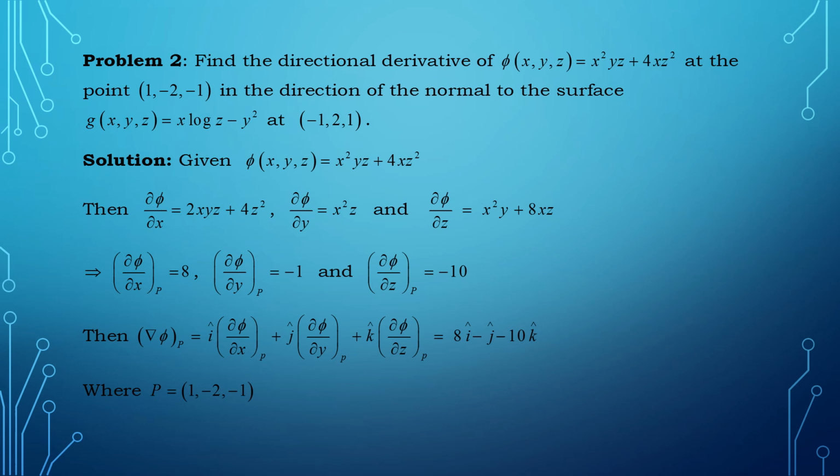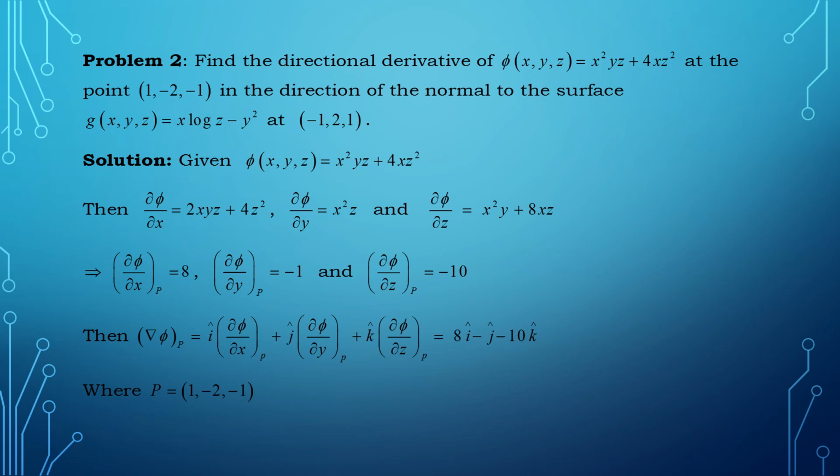Next, we have to find u cap. u cap can be found by finding the normal to the surface g of x, y, z equals x log z minus y squared at a prescribed point.